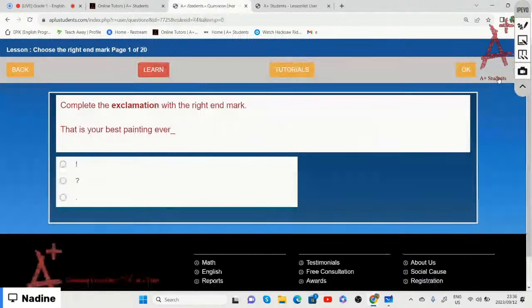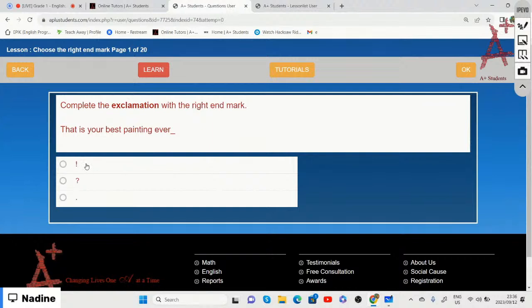All right, so now we're going on to our test, where we are going to choose the right end mark. We need to complete the exclamation with the right end mark. The exclamation: that is your best painting ever. We need to choose one of these characters for an exclamation sentence.